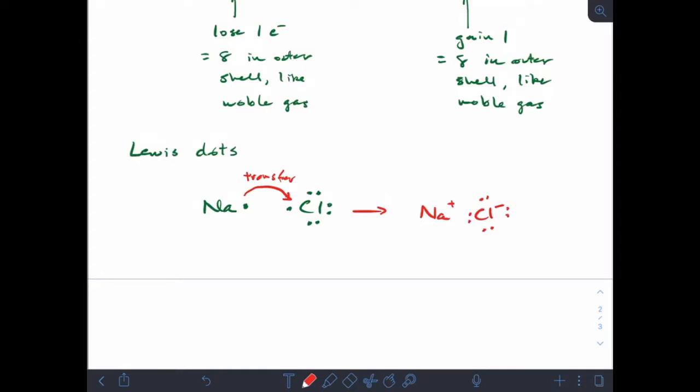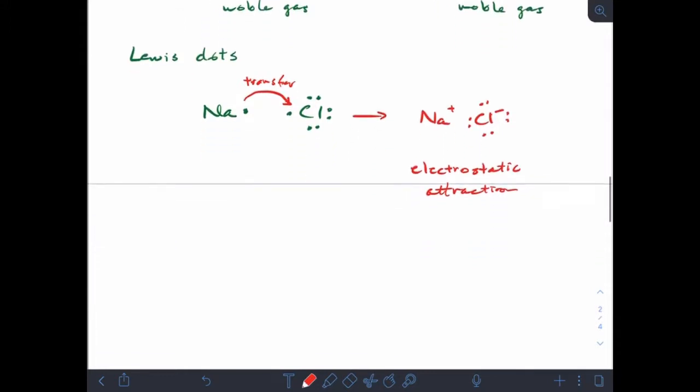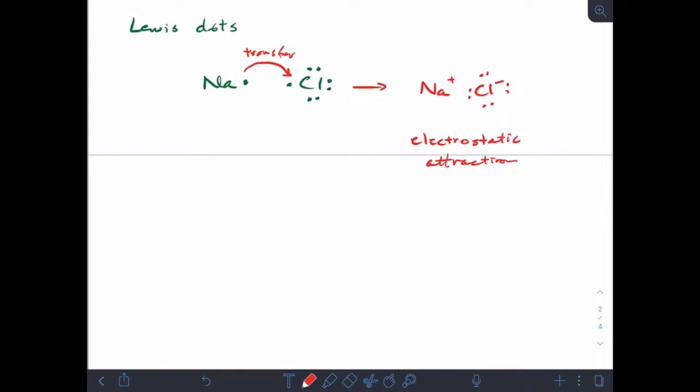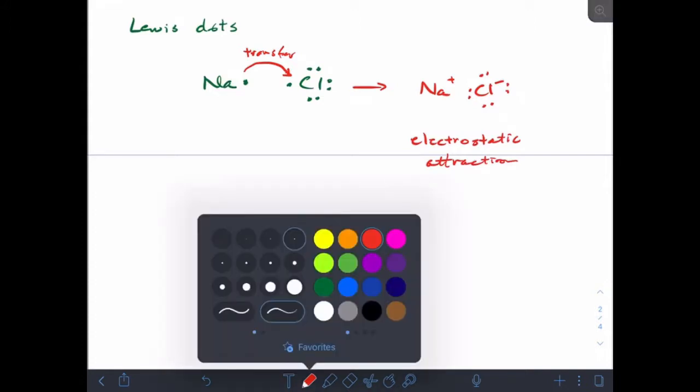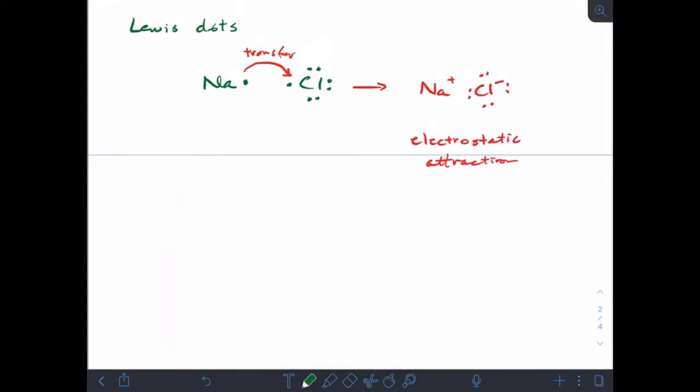And so sodium and chlorine are held together by electrostatic interactions. This is how all of these ionic bonds take place. If we do another example, let's take a look at magnesium oxide.